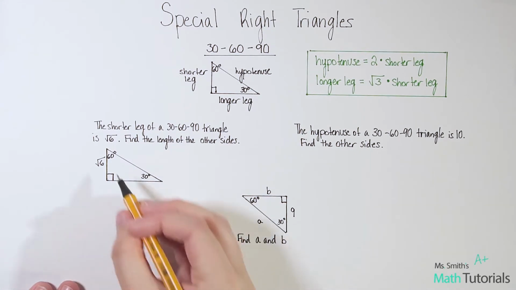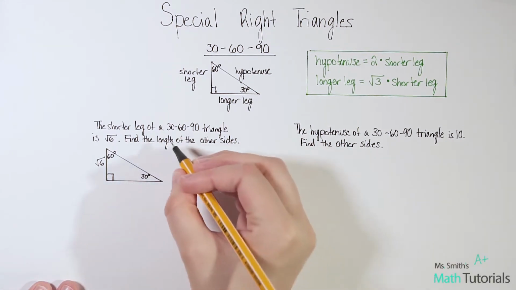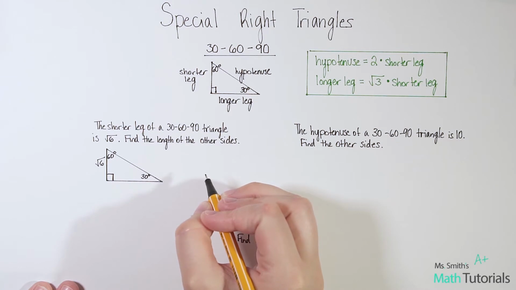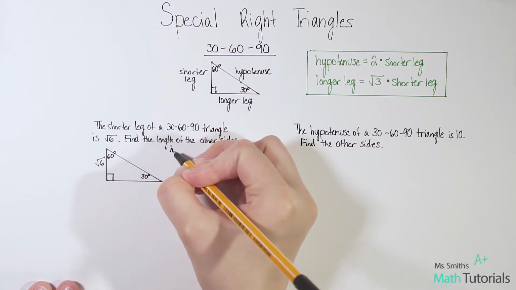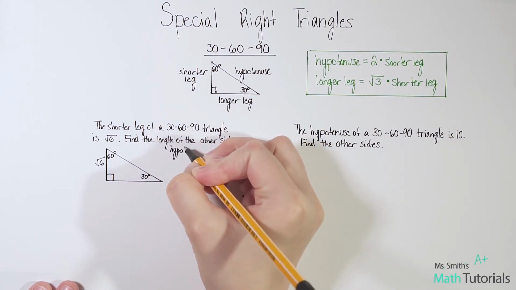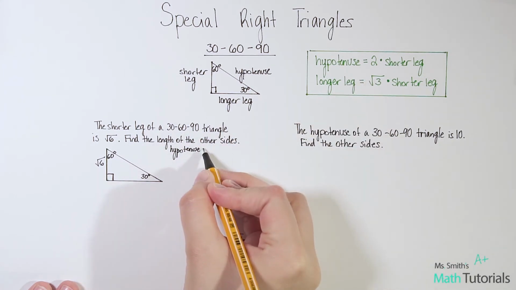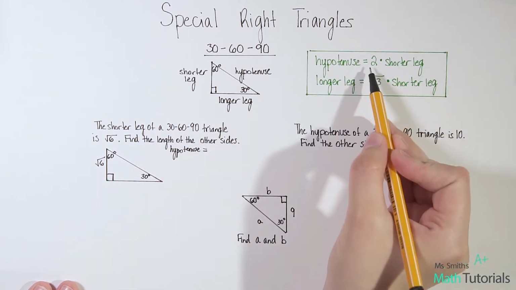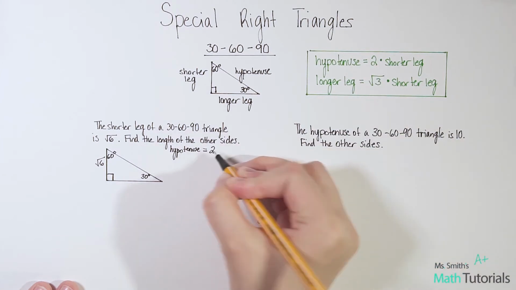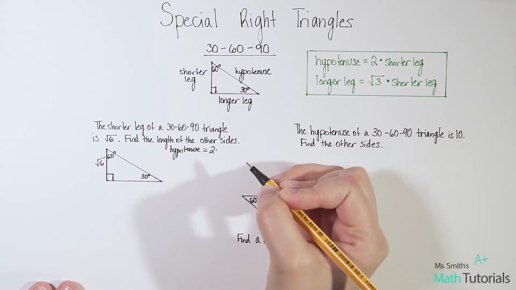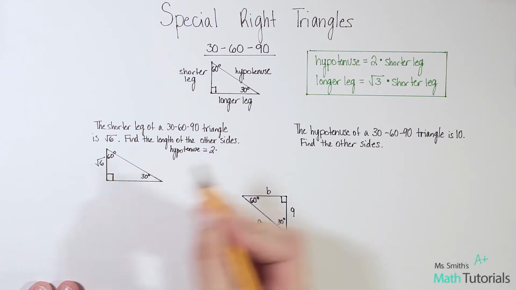Okay? So the way I would write this is the hypotenuse equals, I'm just writing this exactly as I see it written, 2 times the shorter leg. Now, I know the shorter leg is square root of 6.